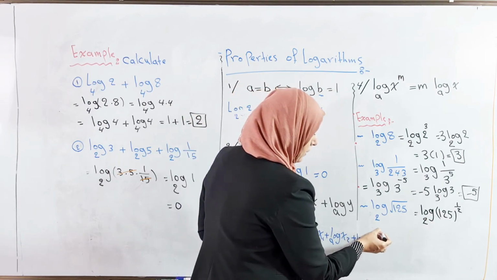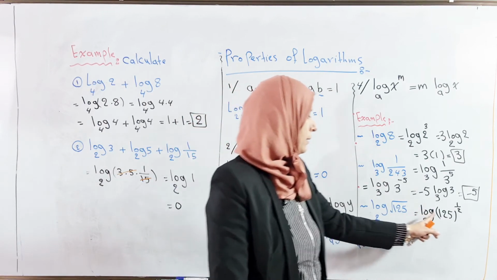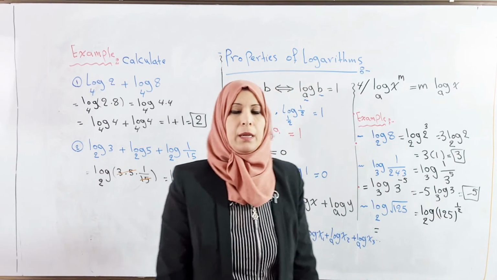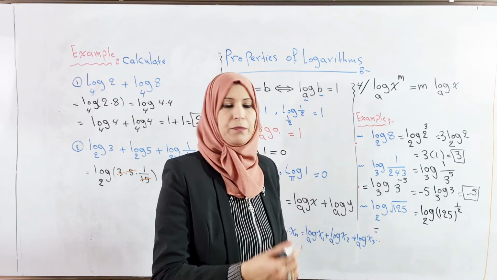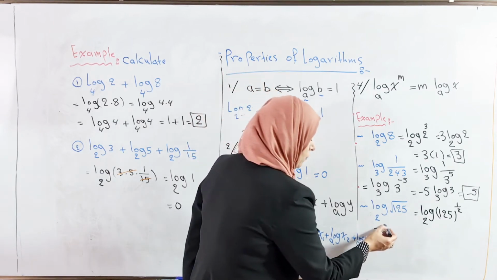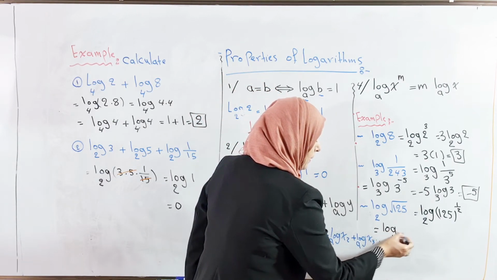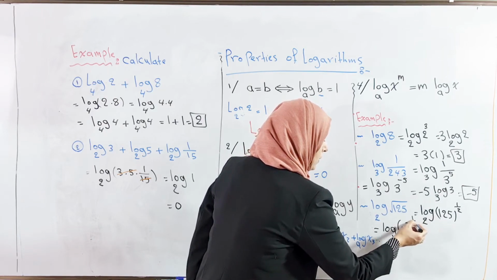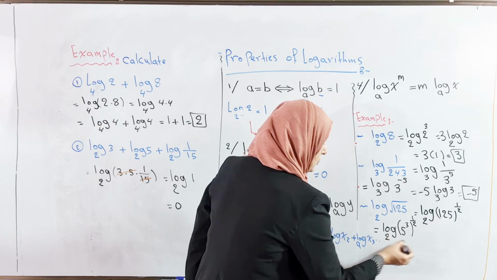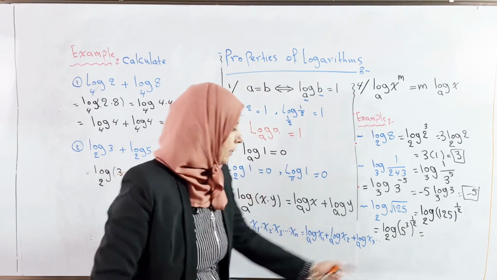Then we can analyze 125 as 5 power 3. We can write it, or factor it, as 5 power 3. That means it will be logarithm 5 power 3 raised to power 1 on 2, base 2.